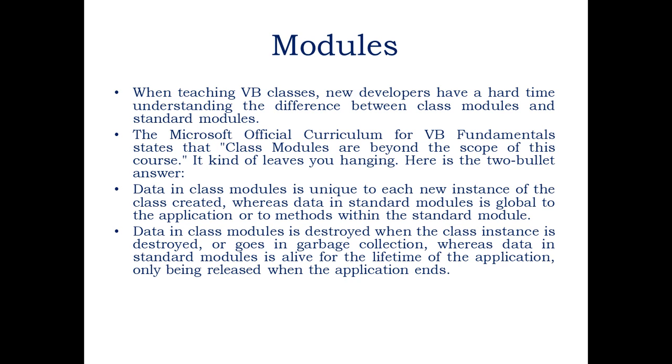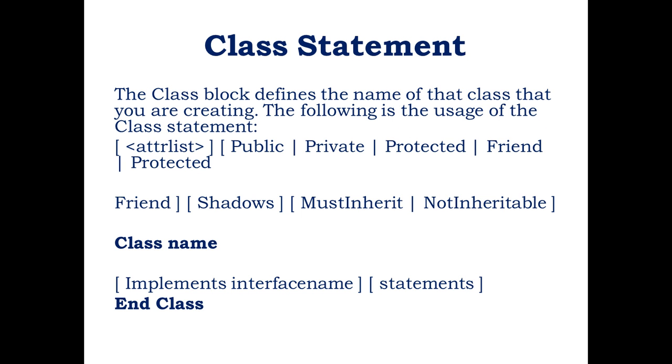Data in class modules is destroyed when the class instance is destroyed or goes into garbage collection, whereas the data in standard modules is alive for the lifetime of the application, only being released when the application ends.